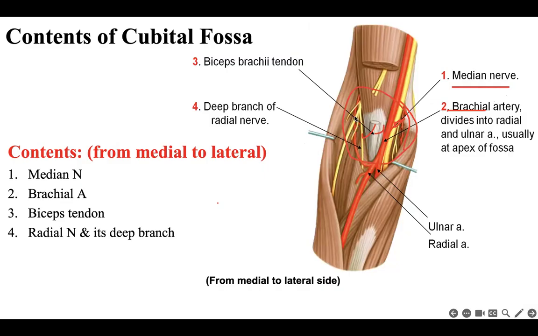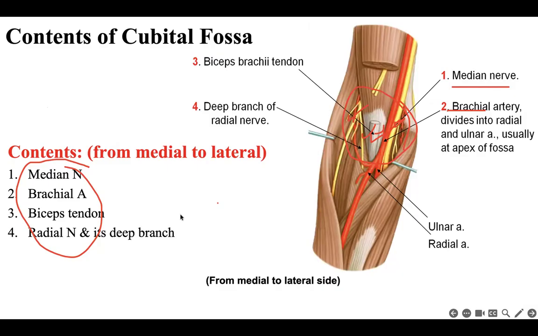And here the biceps tendon, and finally you will see the radial nerve. So all are the contents of the cubital fossa: nerve, artery, tendon, and nerve. Median nerve, brachial artery, and tendon of biceps, and finally the radial nerve will be the lateral content of the cubital fossa.